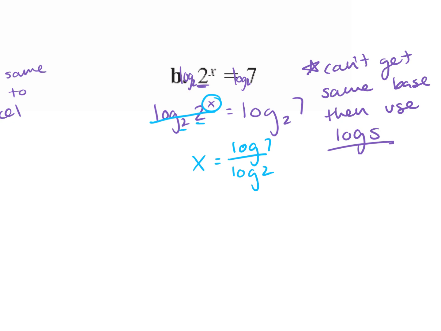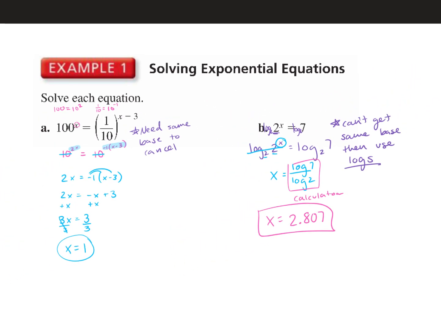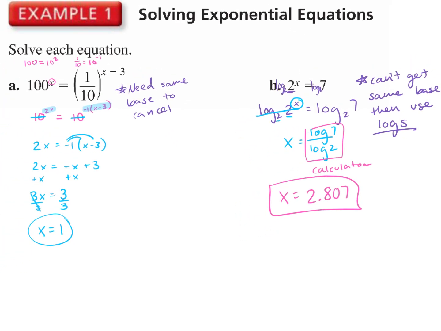And then we put this into the calculator. 2.807. I don't think it tells us how many to round to, but we can just round to 3 decimal places. 2.807 would be our answer.